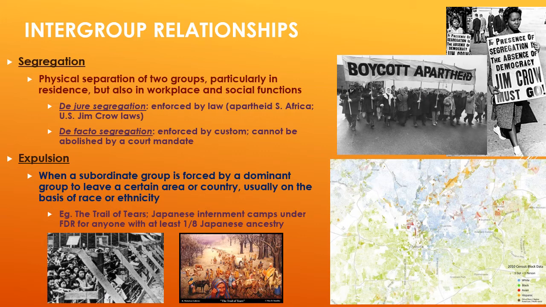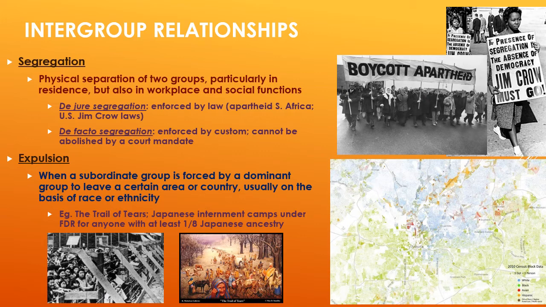So these were types of segregation that were actually written out and enforced by our state, our police, and our law enforcement. On the other hand, we have de facto segregation. De facto segregation is enforced by custom, and it cannot simply be abolished by a court mandate.